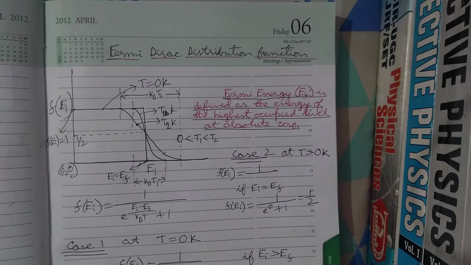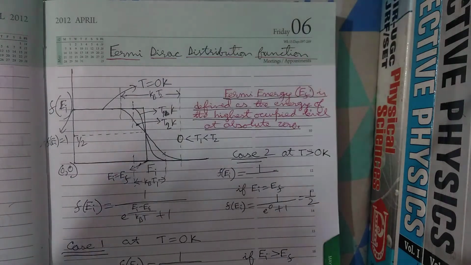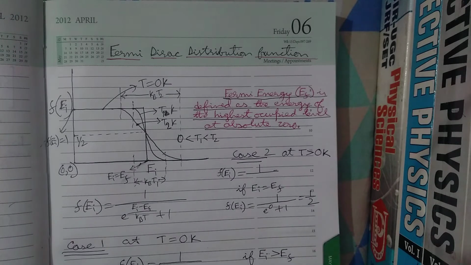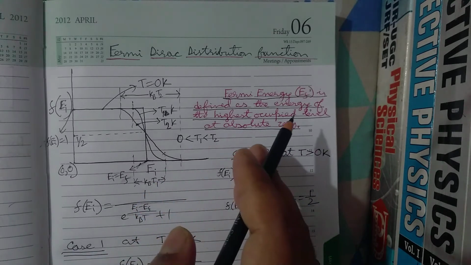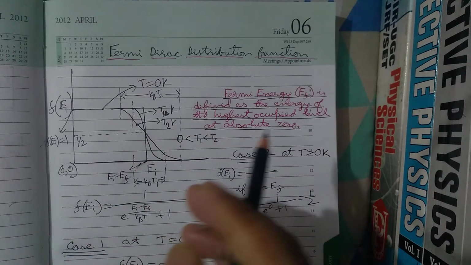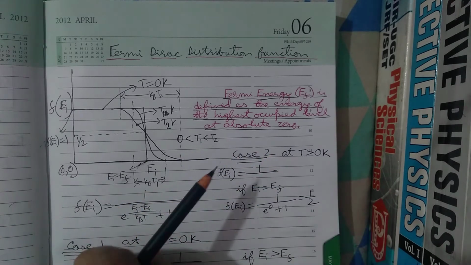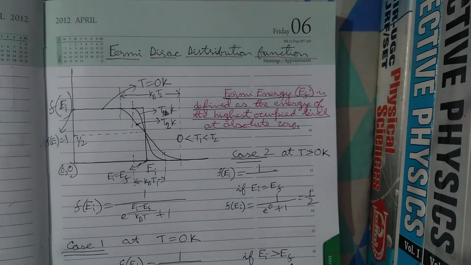So from here what you can tell is that at a temperature greater than 0 Kelvin, the best definition of Fermi energy is this one: the energy of the highest occupied level at absolute 0 Kelvin.